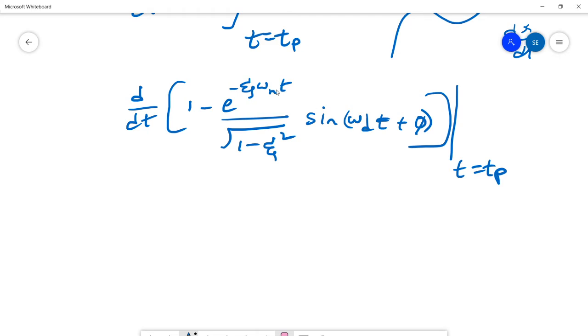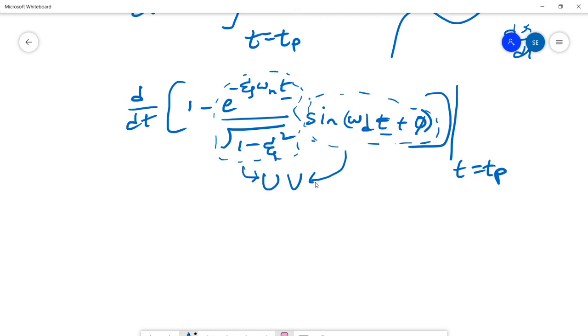If you observe here, we have e power minus zeta omega n t and sine omega d t, so t is a function in both places. This whole thing can be differentiated in uv form. This is u, and this is v. So what we get is u dash v plus u v dash, the derivative of a product.